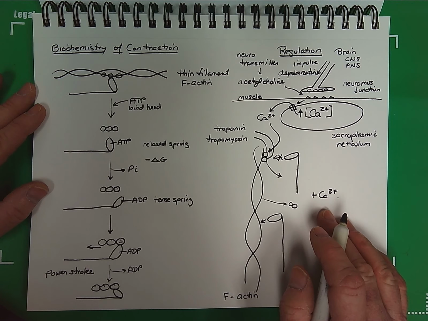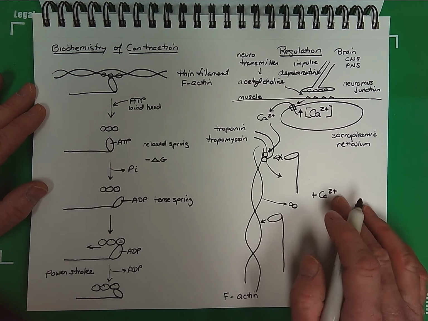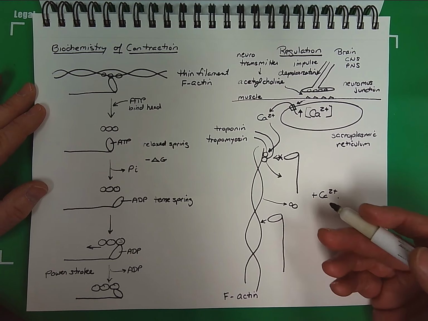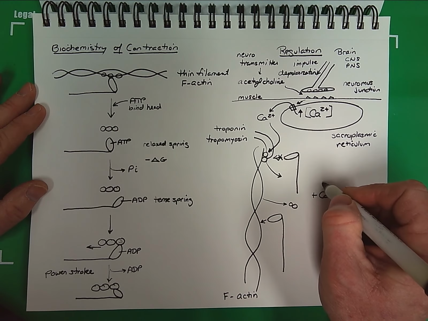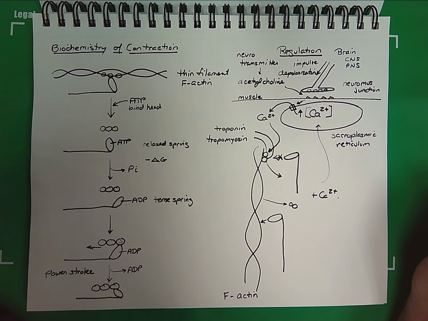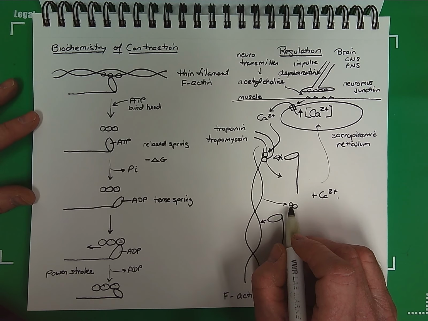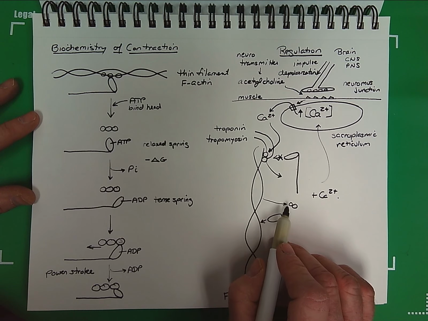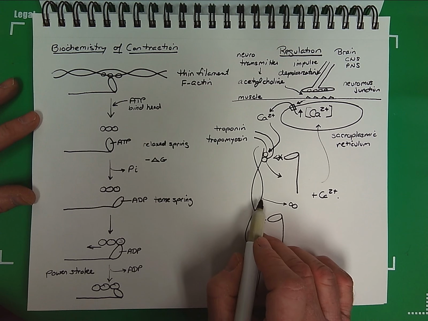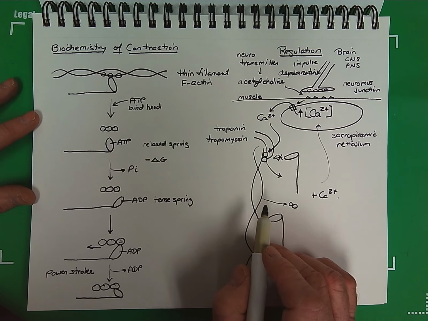The reverse is true, of course. When the nerve conduction is completed, and we no longer need contraction, the calcium will be recycled back into the sarcoplasmic reticulum by an active transporter. The reduced calcium concentration now will cause the troponin-tropomyosin complex to reassociate with the actin, thus preventing the myosin from interacting with the actin and ending the contractile event.